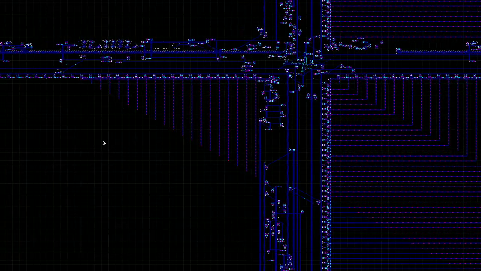Okay, well there you go. Oh, also this one. Is that right? Yeah, so this is the next stage of the glider pattern.